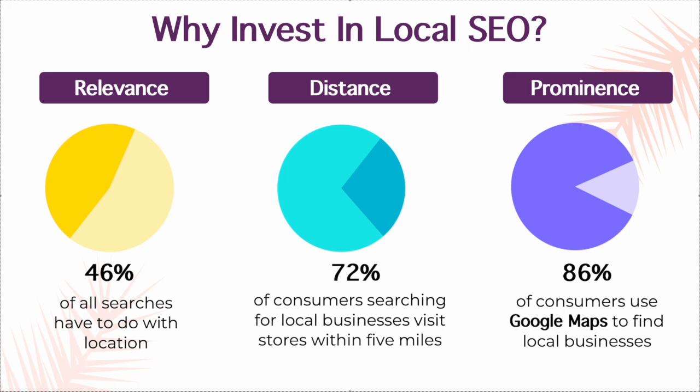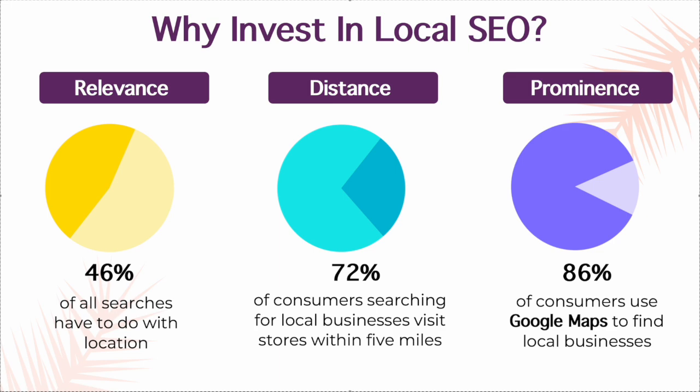So obviously, location is important, distance, relevance. Somebody searching for coffee or curry in the National District is going to get results for that, as opposed to ice cream. And then prominence. Prominence is how your profile is viewed by Google.